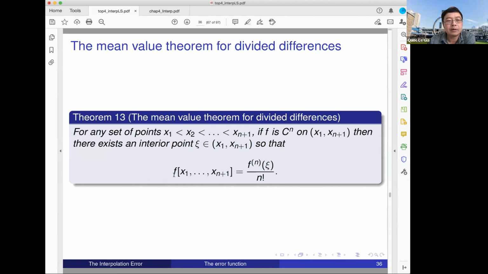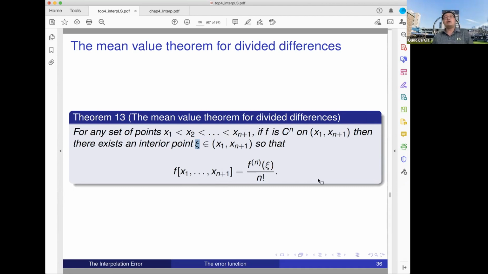The mean value theorem for divided differences says that if you have x1 up to xn plus 1, and the function has derivatives up to order n, then there's a point xi so that the divided difference f[x1, ..., xn plus 1] is the derivative of order n at some point xi, over n factorial.